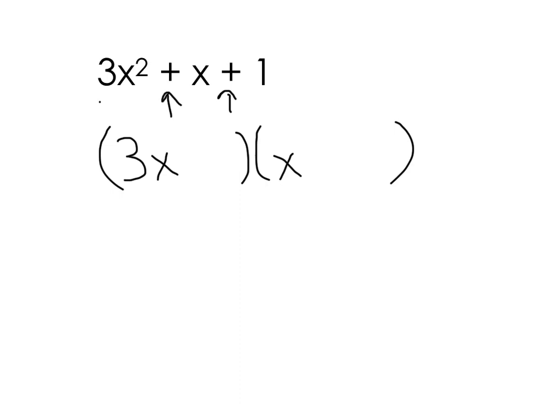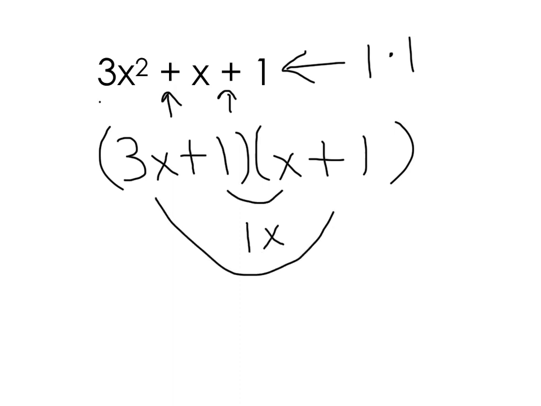So what must our signs be? 1 can only be factored one way, as 1 times 1. So let's put it in there. 1x on the inside, 3x on the outside gives us a middle term of 4x.